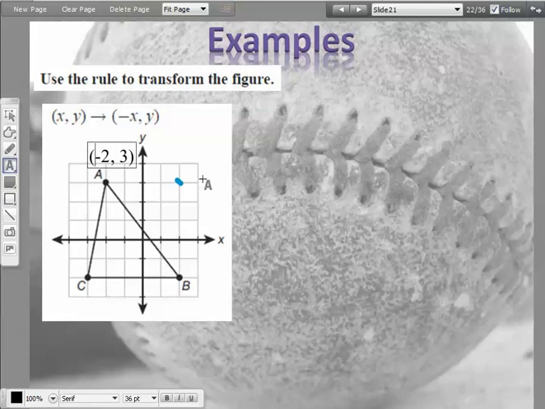Oh, my new point A is going to be +2, let's put parentheses this time, and a +3. Okay, the x value became opposite and the y value stayed the same.